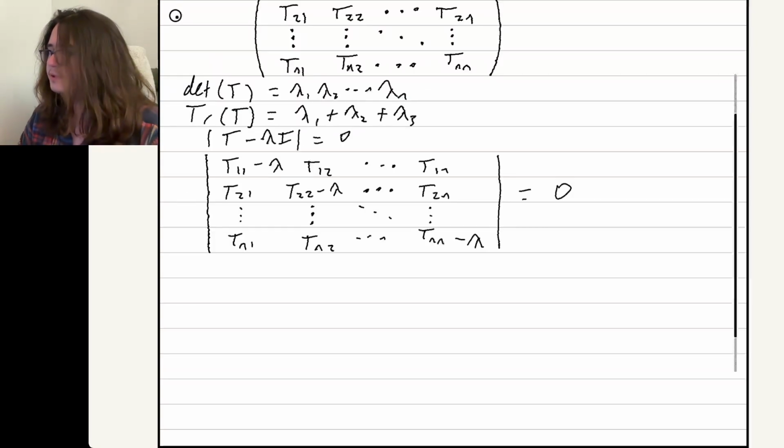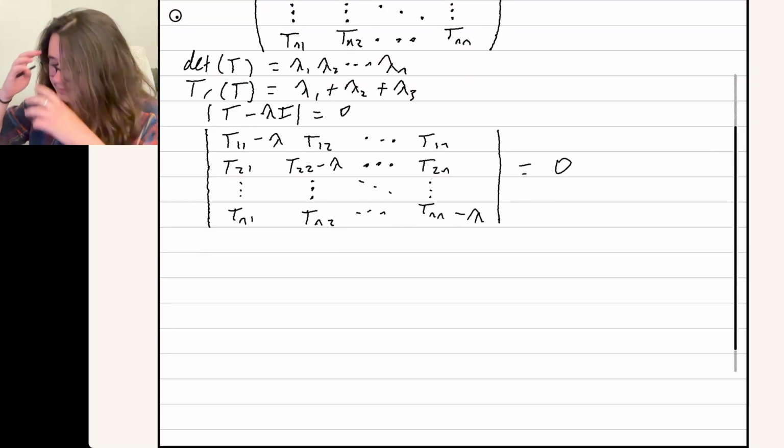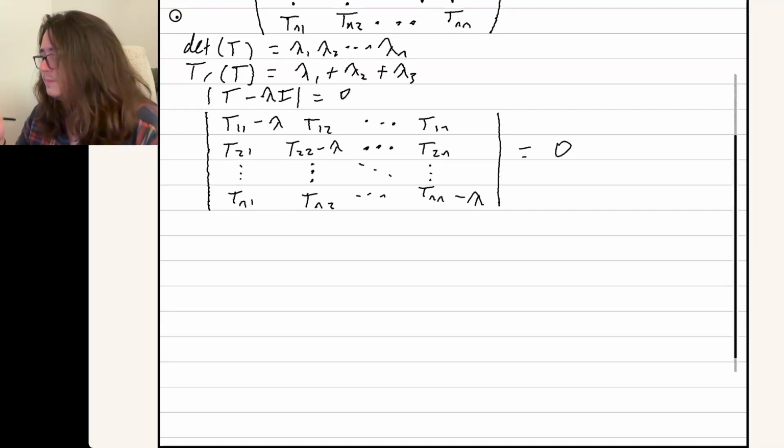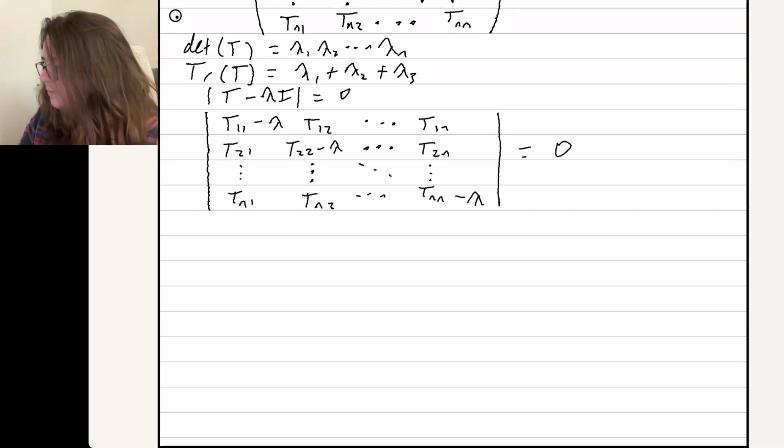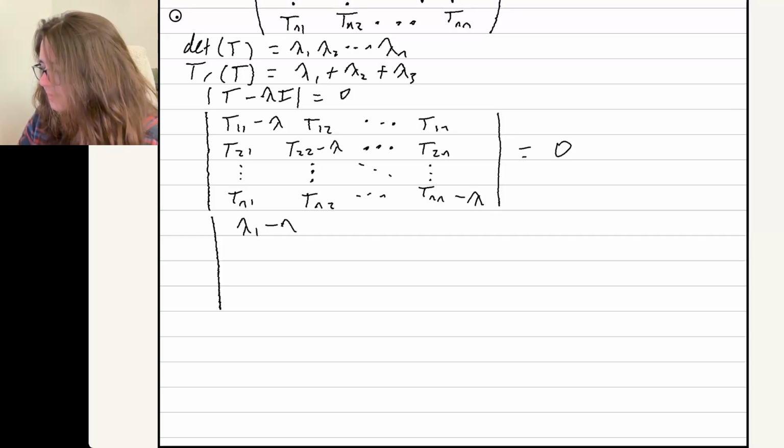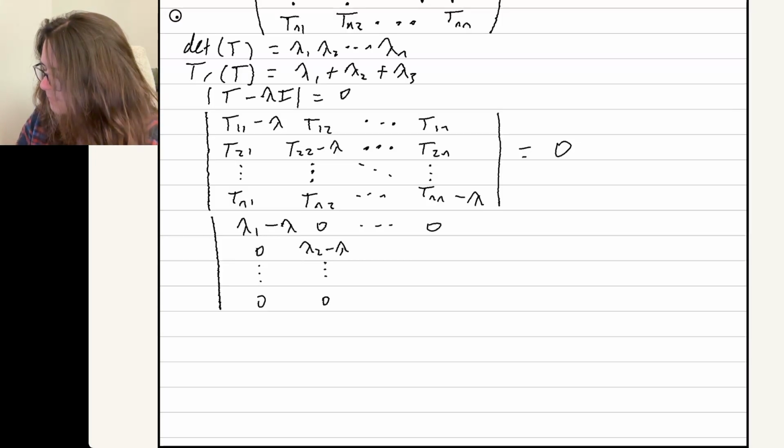Obviously it's impossible to solve directly because there are n unknown elements. But we know the solution to this. We know that there are going to be eigenvalue solutions to each of these, so we can write it as a matrix with lambda 1 minus lambda, 0, dot dot dot, 0. Point is that all we have are the diagonal components, right?